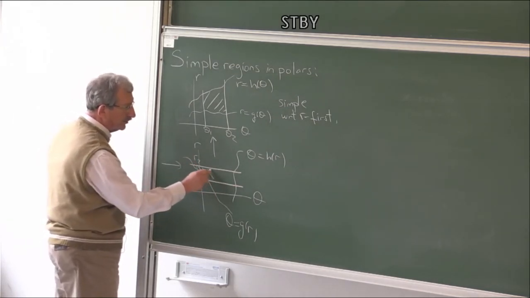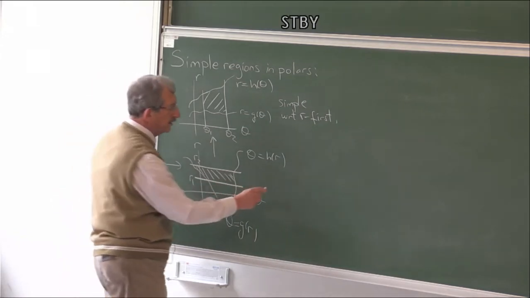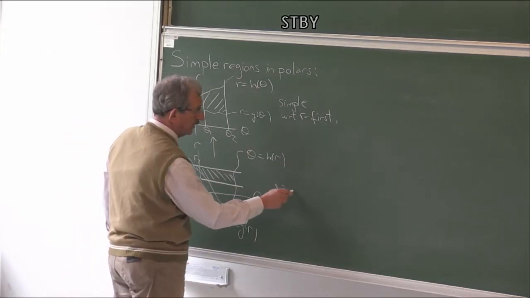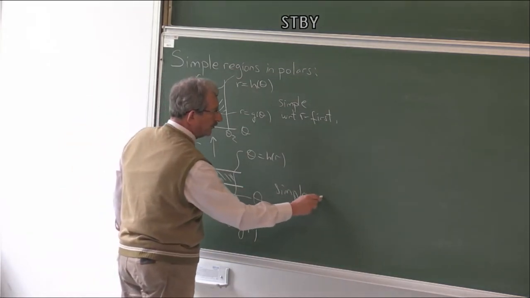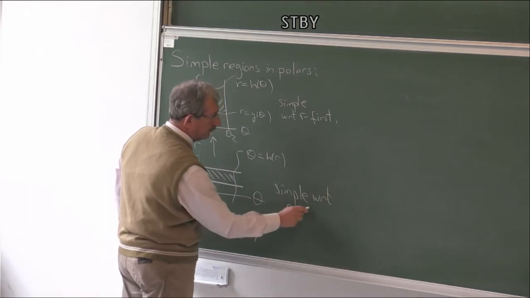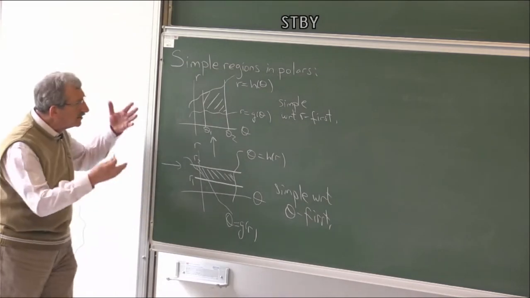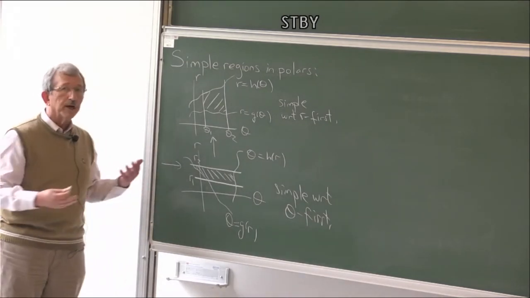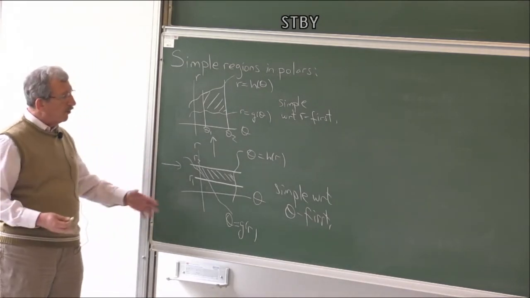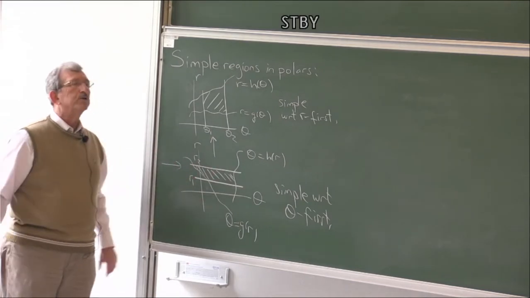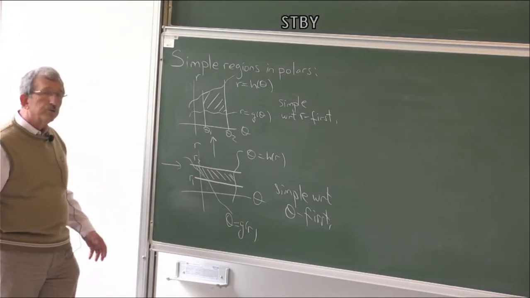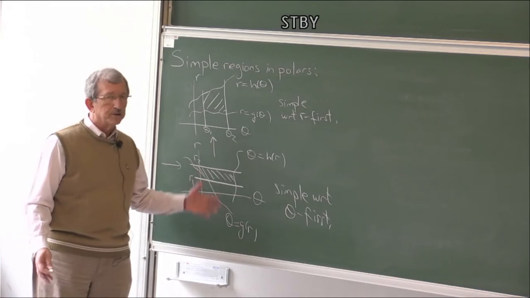And this region is simple with respect to theta first. So this is exactly the same type of definition that we had before. And therefore, in this new set of variables, we can use our iteration theorems and so on.